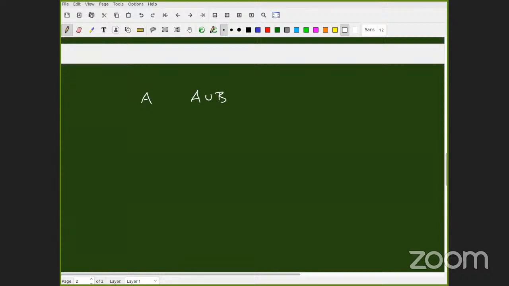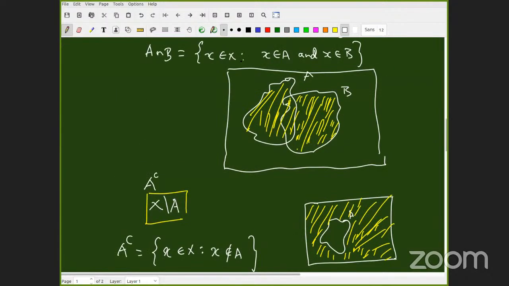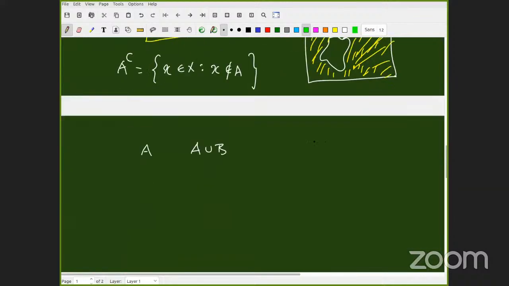Can I compare A and A union B? You can even visualize A union B as all this collection, everything in yellow. You can draw the picture green for A. Try to complete the picture and see what the connection is. Can you compare, something is more, something is less? So what should be the relation?